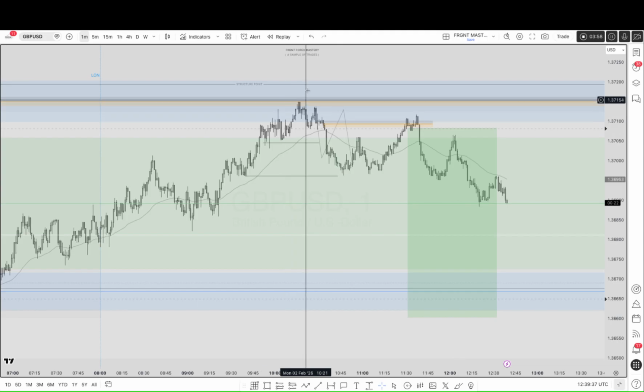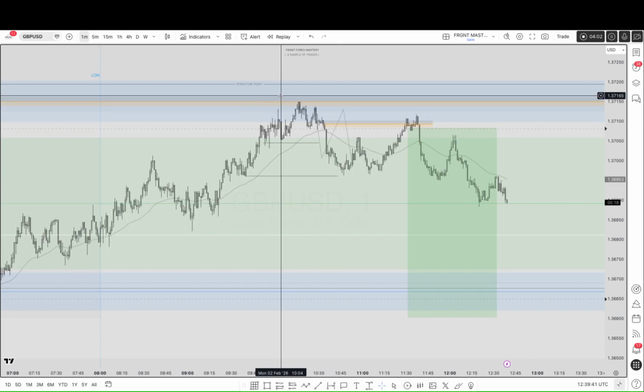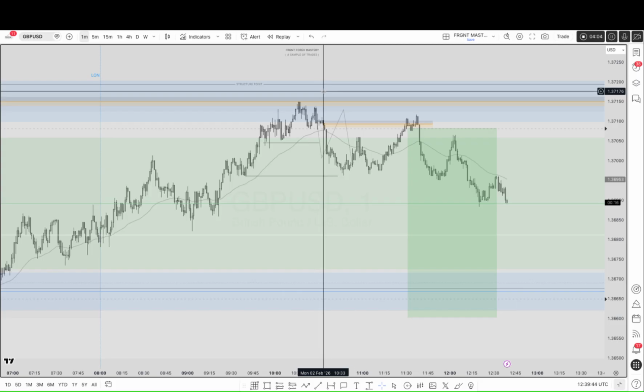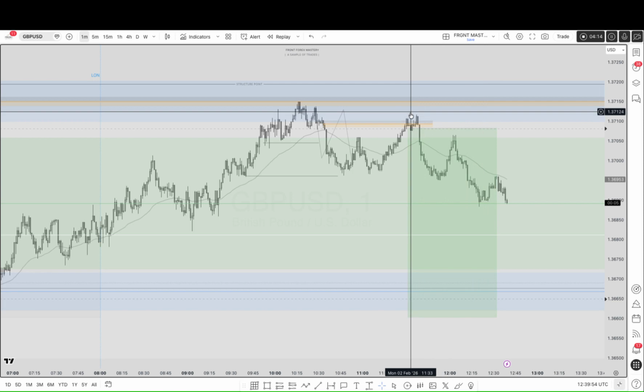As you can see, the 15-minute order block was tapped all the way back at 10 UTC, and not until an hour and 40 minutes later did the entry criteria actually present itself, and that is when the trade was executed.